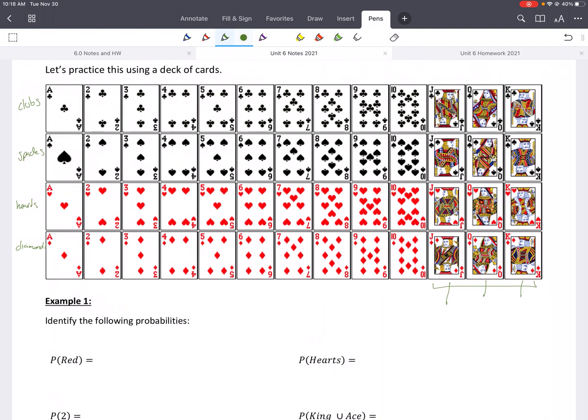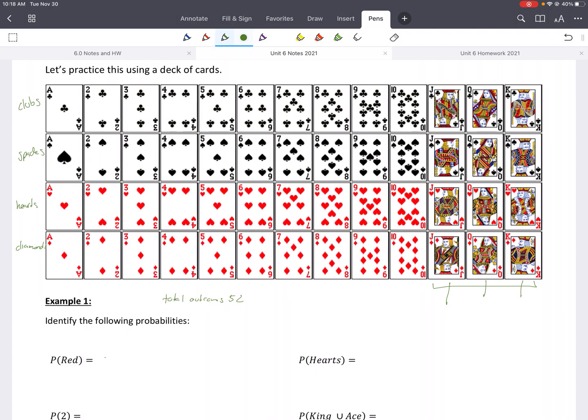Okay, so a deck has, if we have 4 times 13, that's 52 cards, so the total number is 52. So what's the probability of picking a red?